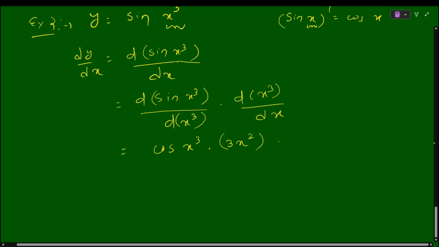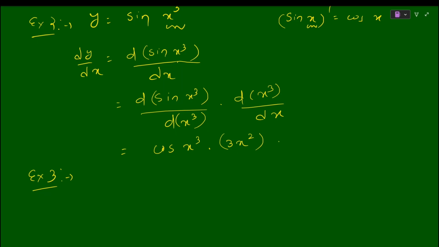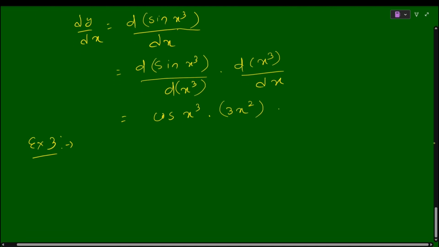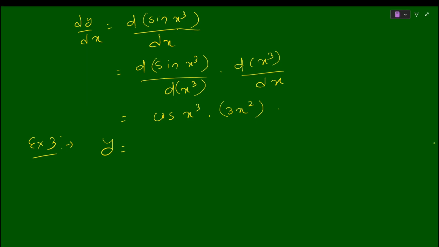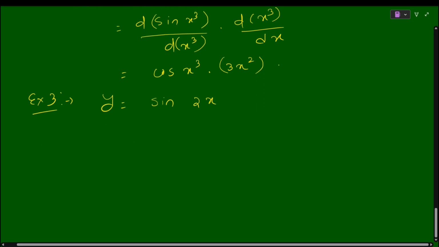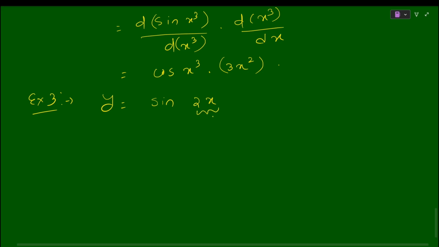Similarly, let us take another formula. If you find it difficult to use this one, then let's take a simple trick to find this derivative. Suppose I have taken sine 2x. Okay, so you just consider this 2x as t.